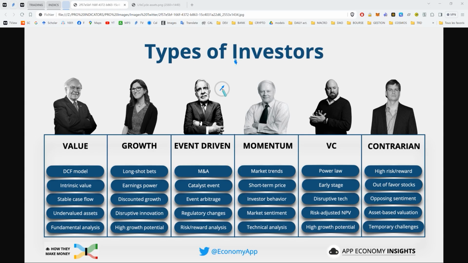All right? So event-driven are defined by how do I pick this asset rather than this one, okay? Though Carl Icahn has been very well renowned for macro level type of investment, mergers and acquisitions and all sorts of stuff, we're going to figure this one out afterwards. Momentum traders, which is another category which is very well overrated, like a lot, but there are still some very well renowned historical investors that have been very good at doing it professionally, okay?